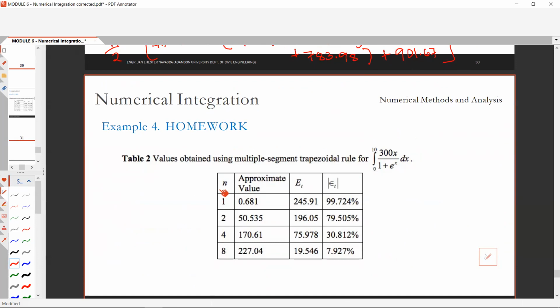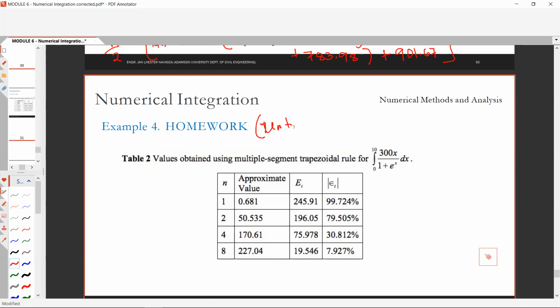So ang gagawin nyo from n equals to 1, single segment, n equals to 2, n equals to 4, and n equals to 8. Then solve for the true error and for the relative error. So this is due next week.